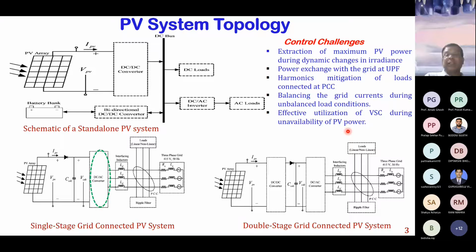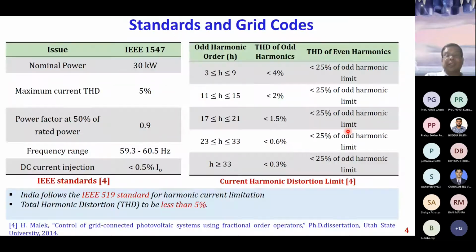So having these control challenges in mind, we must be ready to design control algorithms to accomplish these tasks. As you know, when we connect a renewable system to the grid, we must obey certain grid codes.